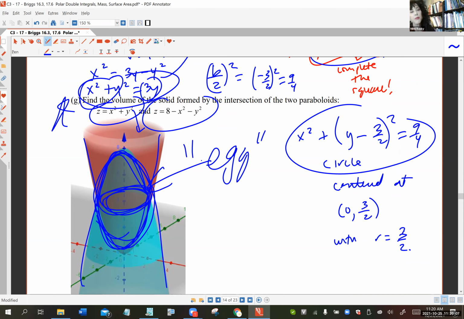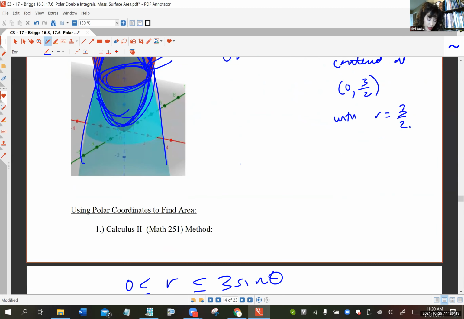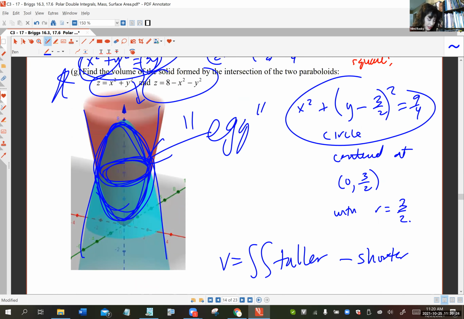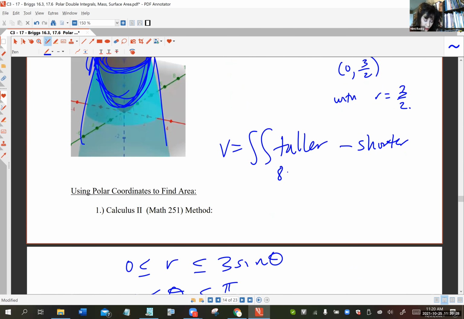Now, in the quiz problem, you didn't have to do this little extra step. What you did, and we're going to do that also, is your volume is going to be the taller surface minus the shorter surface. So we're going to need to do that. We're going to do the taller, this guy here, the top of the solid is the downward facing paraboloid, 8 minus x squared minus y squared.